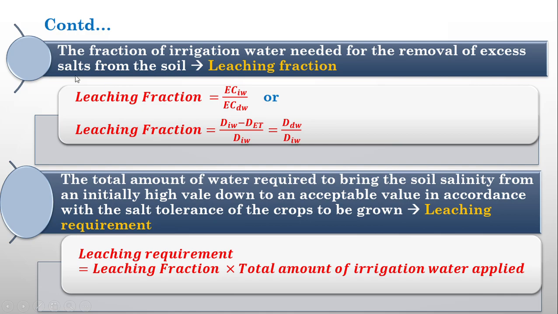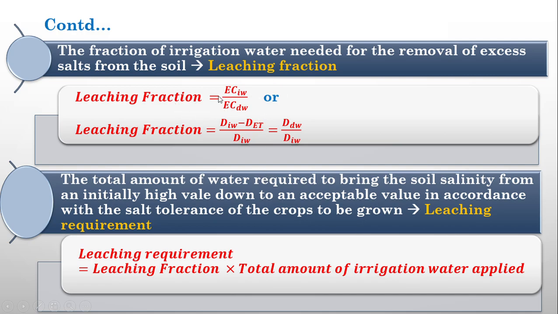Now we have to find how much water is to be given for leaching. This slide shows the method by which we can find the amount of water to be given in excess for leaching purposes. There are two main terms related to that. One is the leaching fraction, which is the fraction of irrigation water needed for the removal of excess salt from the soil. The leaching fraction is expressed by two main formulas.